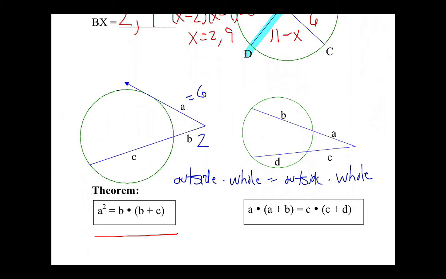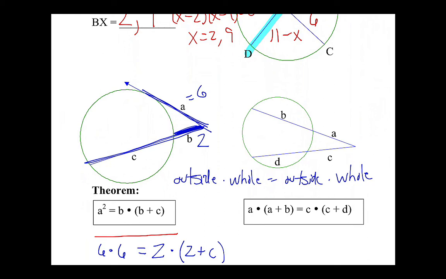The outside part 6 multiplied by the whole thing, which is 6, should equal the outside part of the other segment, which is B, so in this case 2, multiplied by the entire segment, B plus whatever C is, so 2 plus C.